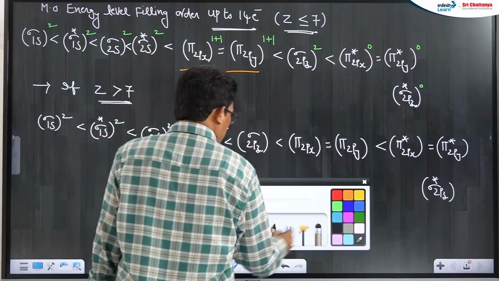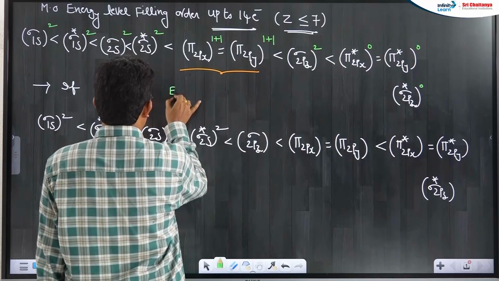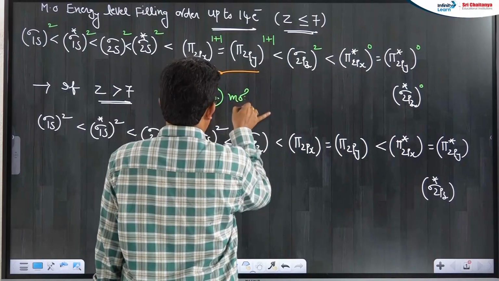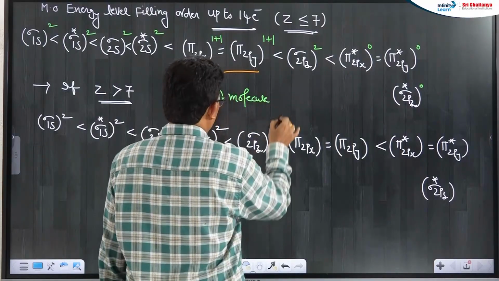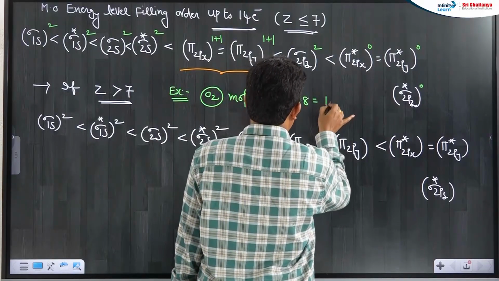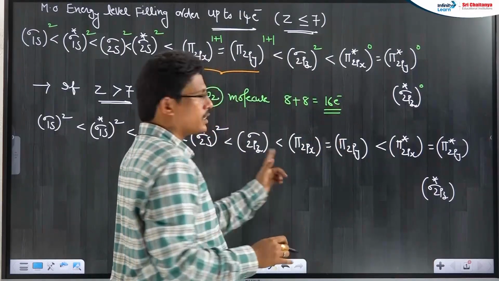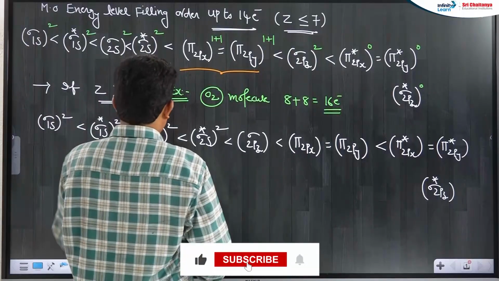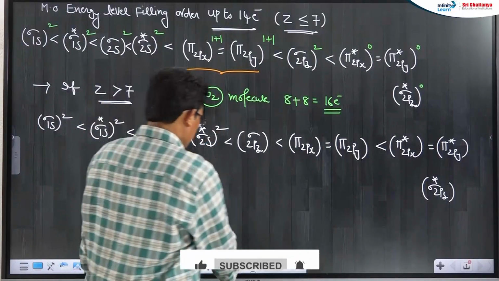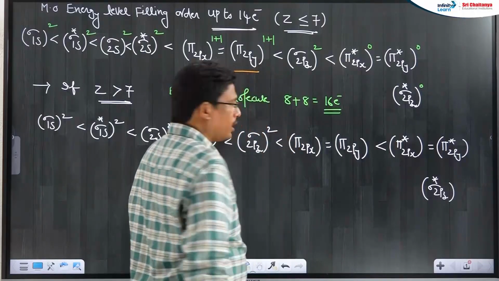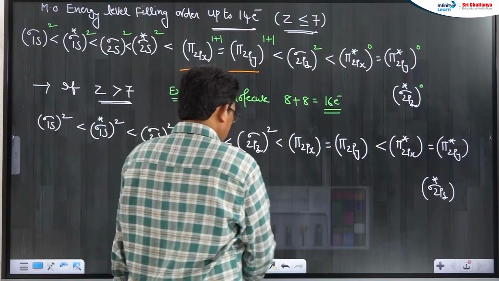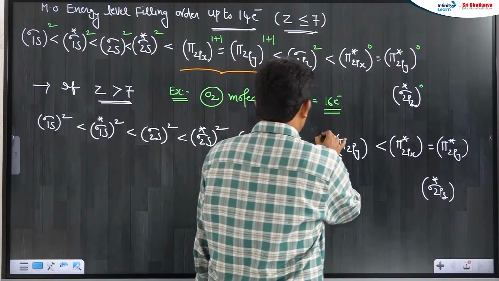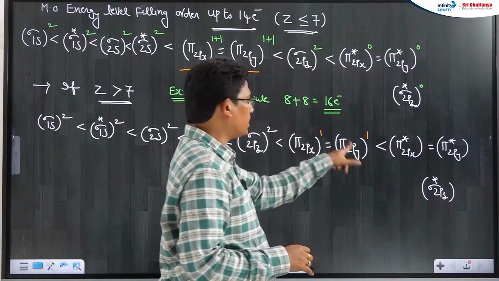For example, here I am using the O2 molecule. In the O2 molecule, how many electrons are there? 16 electrons. These 16 electrons are arranged into the above molecular orbitals. Up to here 8, and sigma 2pz orbital 2, making 10. In degenerate orbitals, the 11th and 12th electrons are filled.